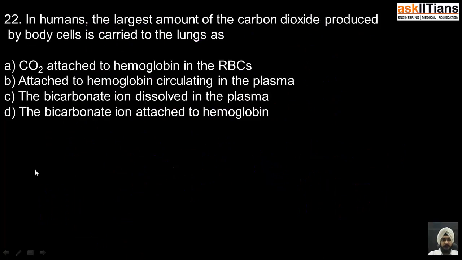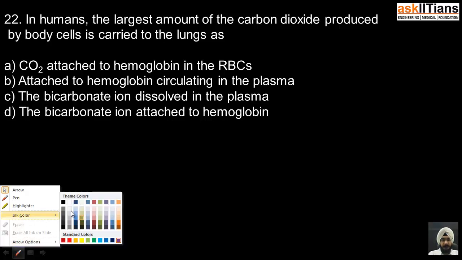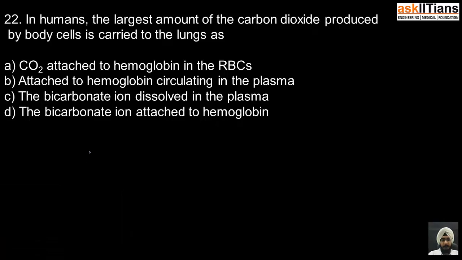So the next question says, in humans, the largest amount of the carbon dioxide produced by body cells is carried to the lungs as. So before going on to the options, let me tell you what happens to the carbon dioxide in blood. It can be in three forms.